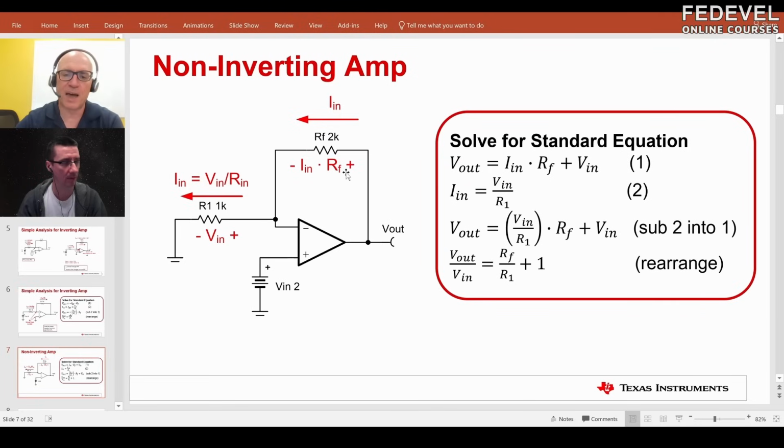It can't flow into the op amp, so it has to flow through the feedback. The output signal will be the voltage across RF, and added to that, the voltage across R1. Stepping through the algebra, you would find that the equation is RF over R1 plus 1. So that's a little bit different than the last one. We've got this factor plus 1, and also the sign is positive because it's a non-inverting amplifier.